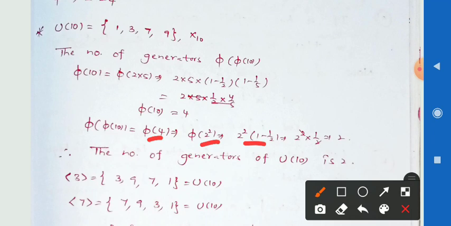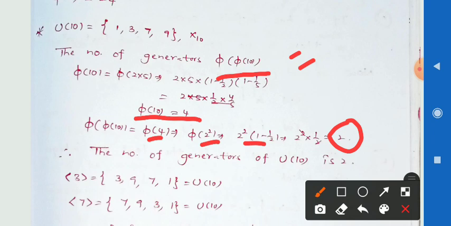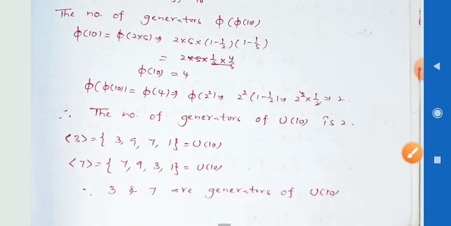Here 2 square into 1 by 2, the 2 cancels, and we get the value 2. This means the number of generators of phi of phi of 10 is 2. The generators of phi of 10 are 4 and the generators of phi of phi of 10 are 2.